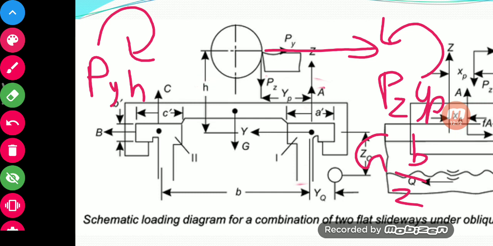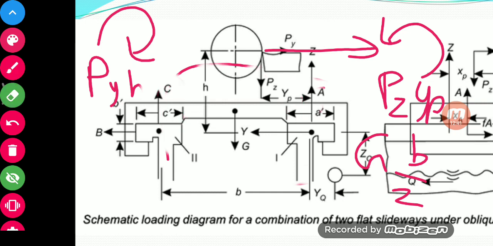And then lastly we would have this moment because of C. This moment because of C right here, and the value would be C multiplied by B, and again it is considered to be a clockwise moment, as seen from the figure.